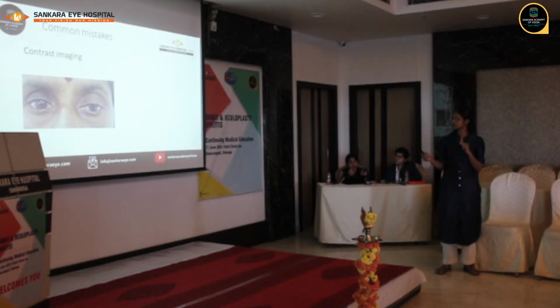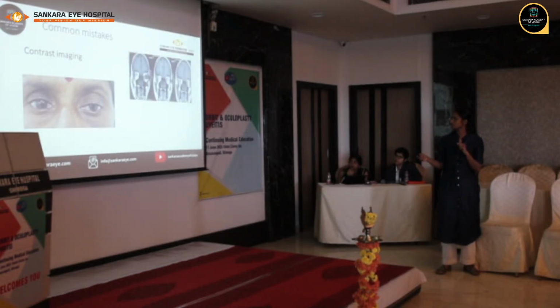And here is a lady who presented with sudden loss of vision in the left eye. You can see a ptosis here, and there was an eye grade. When I saw the T1 MRI scan, I could see a well-defined lesion in the intraconal space.